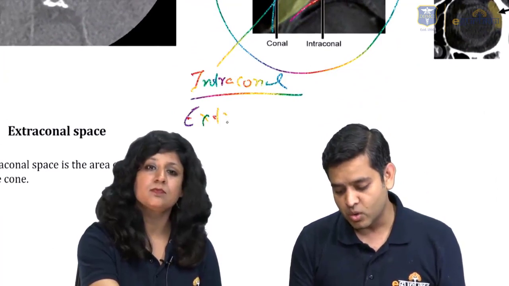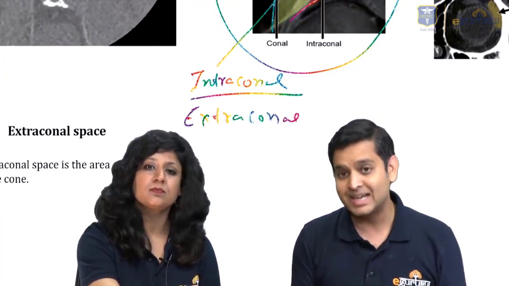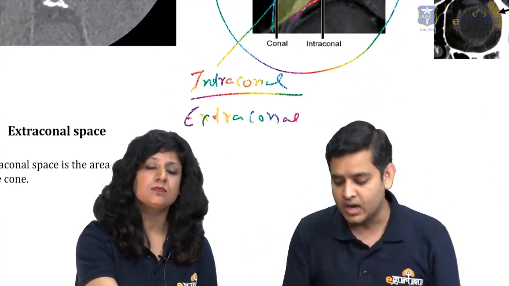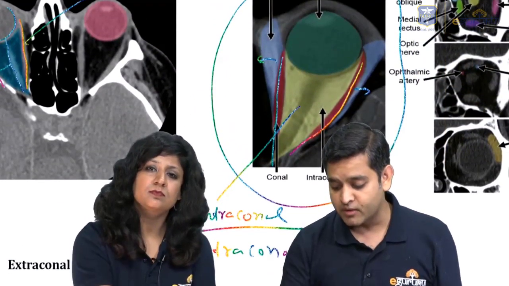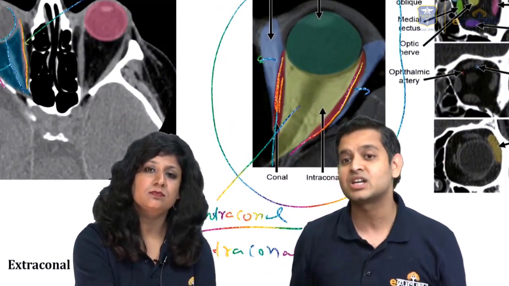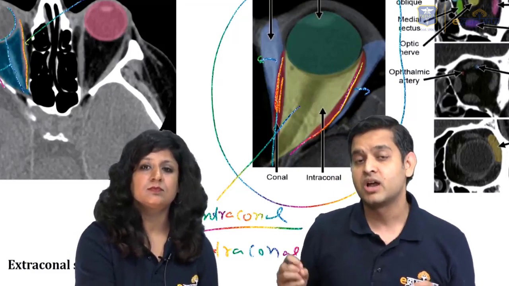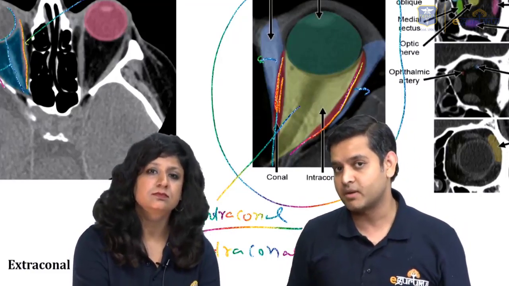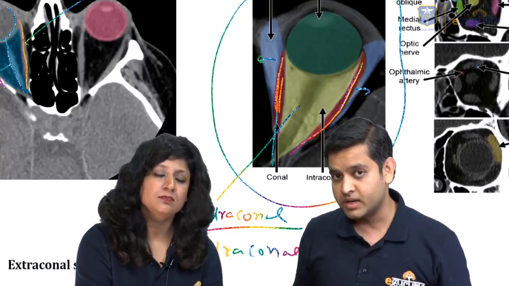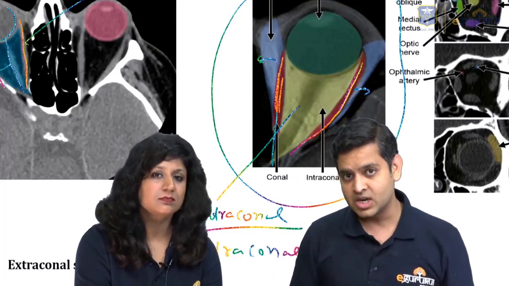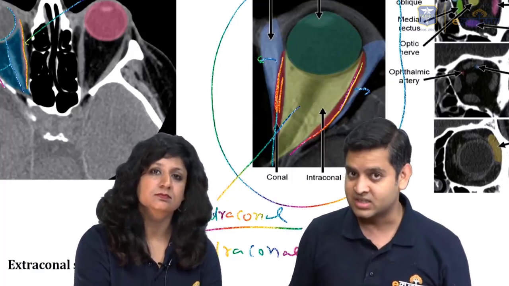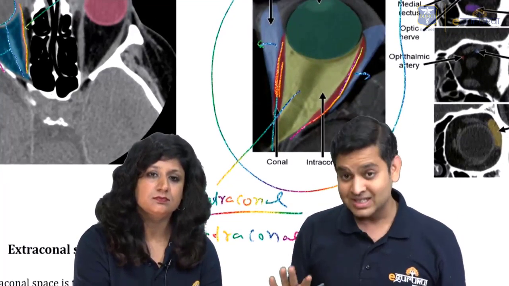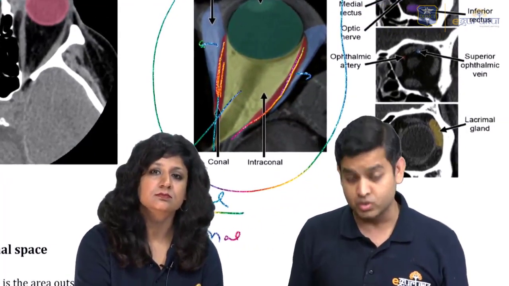So you need to know these two important spaces: intraconal within the cone, extraconal outside the cone. Sometimes it is involving the cone, and these are called conal lesions. There are lesions which originate from the muscle per se, and they will be called conal lesions. So an intraorbital lesion will be intraconal, extraconal, or if it is involving the muscle, then that's a conal lesion.